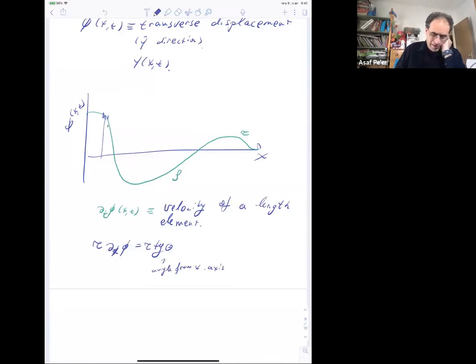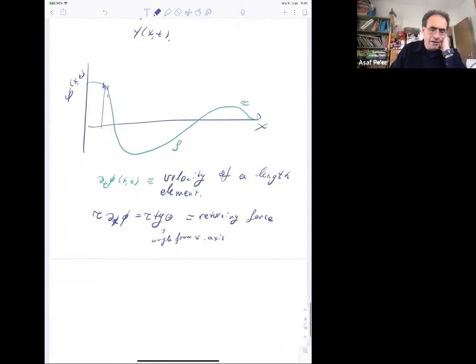This is the returning force that acts on an element of the string in the y direction. And of course, I assume here that the length of the string is fixed and the string cannot be stretched. So with these definitions, we can write down the kinetic and the potential energies of the string.